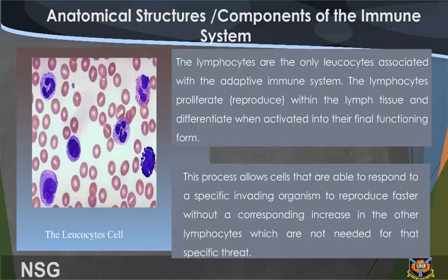The lymphocytes proliferate, reproduce within the lymph tissue, and differentiate when activated into their final functioning form. This process allows cells that are able to respond to a specific invading organism to reproduce faster without a corresponding increase in the other lymphocytes, which are not needed for that specific trait.